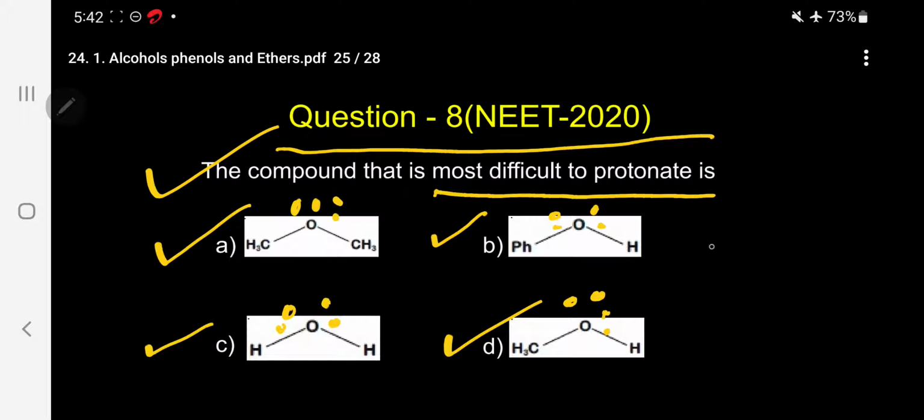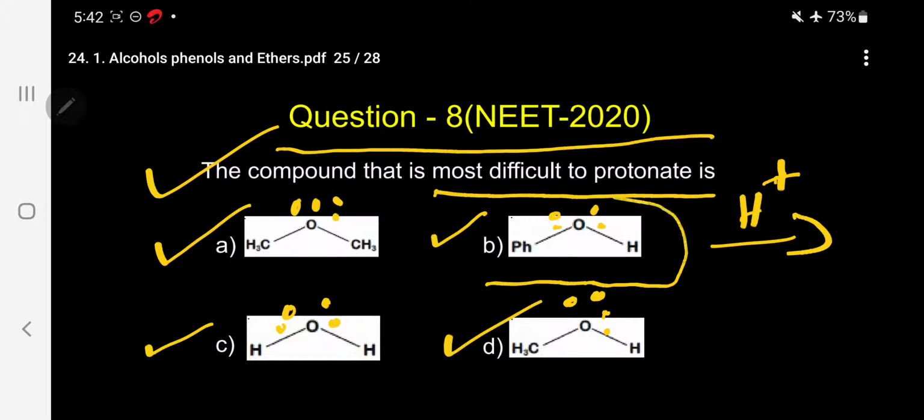So when you treat with a proton, it has to undergo protonation. But the question is, which is most difficult? Among these, the easy one will be water. The answer should be phenol, which is the most difficult to protonate.